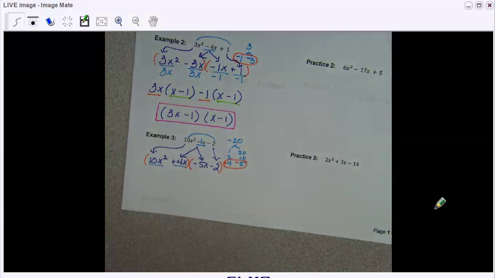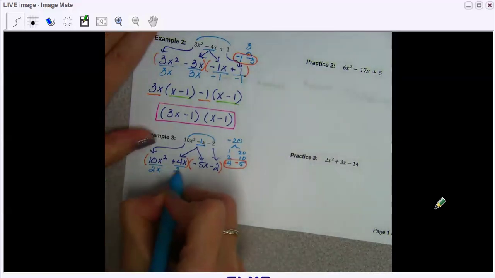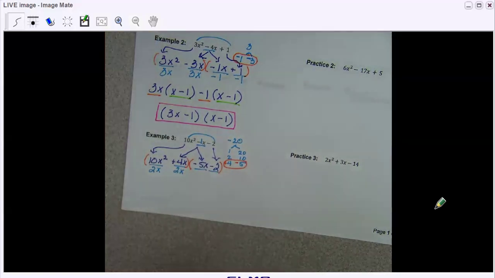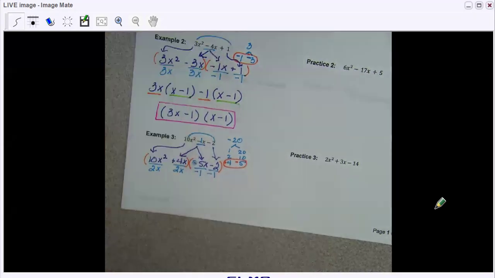Does anyone know? 2x, yep. So I'm going to factor out a 2x. Now in my second binomial, this one's different. There's no obvious GCF. So does anyone know what I would factor out? A -1. If you don't see a GCF, then it's going to be a 1. In this case, it has to be a -1 because my first term is negative. Okay.